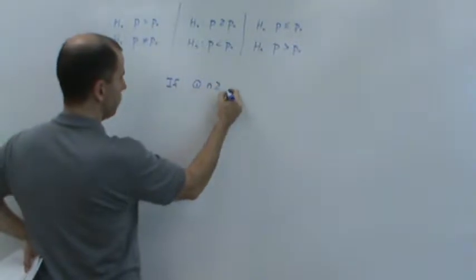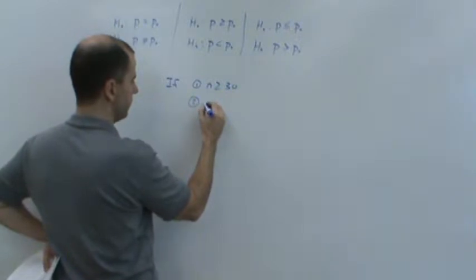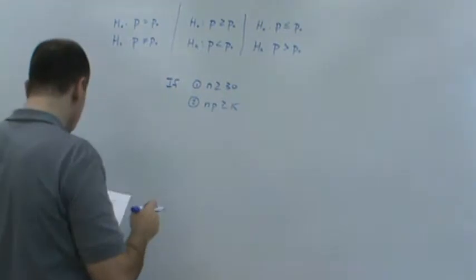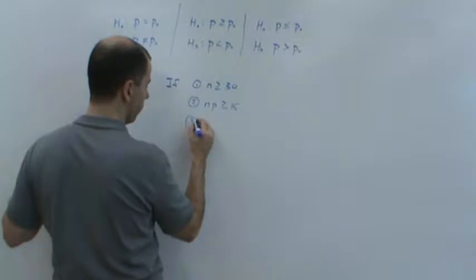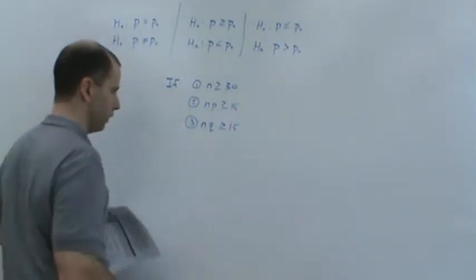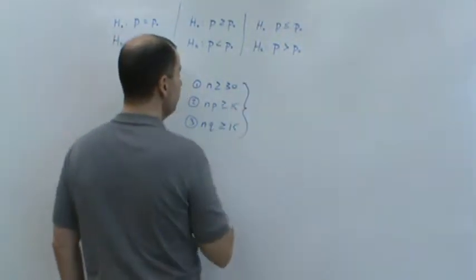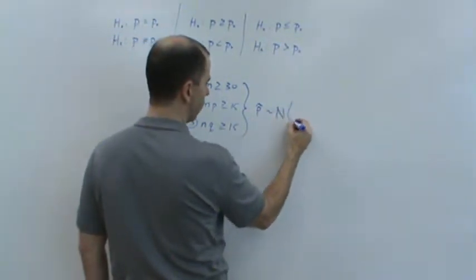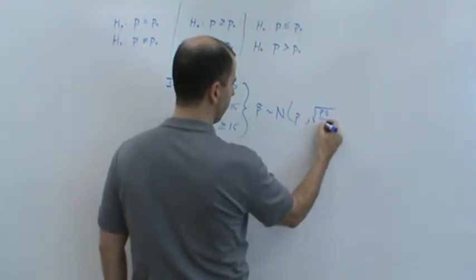1, n is bigger than or equal to 30, 2, the expected number of successes, n times p, is bigger than or equal to 15, and n times q is bigger than or equal to 15, then we know that the distribution of p hat is going to be approximately normal with a mean of p and a standard deviation of the square root of p q divided by n.